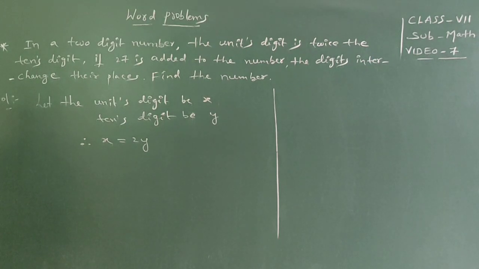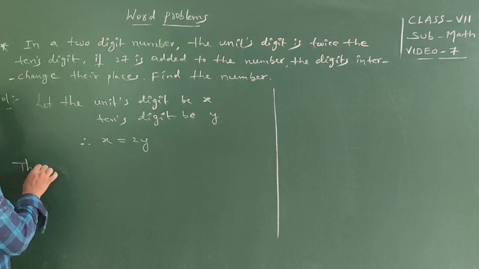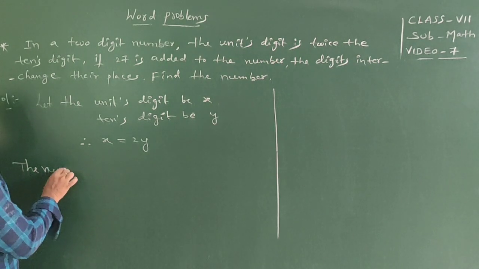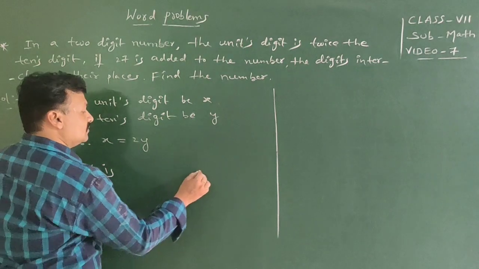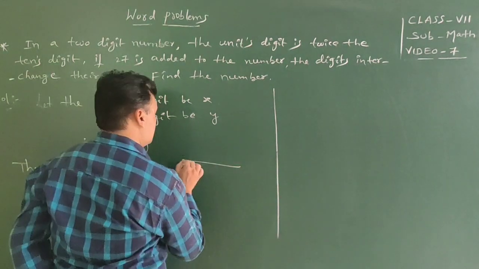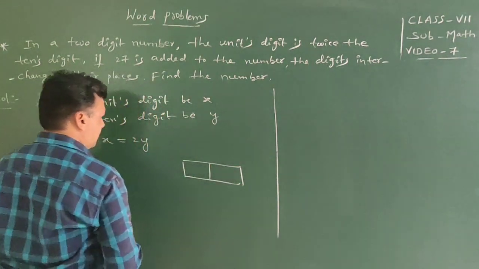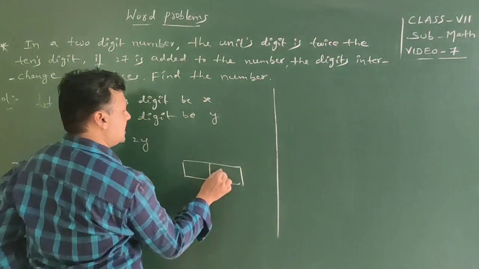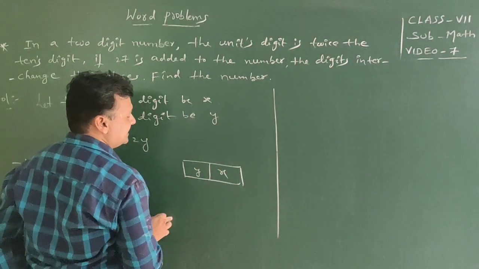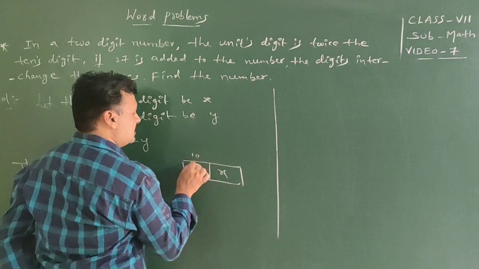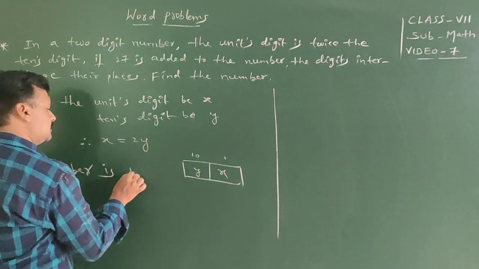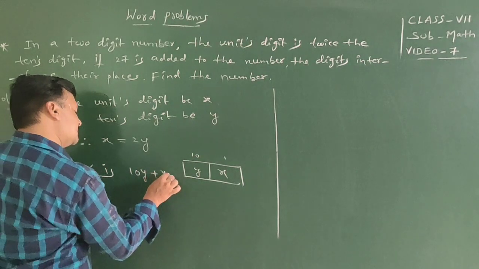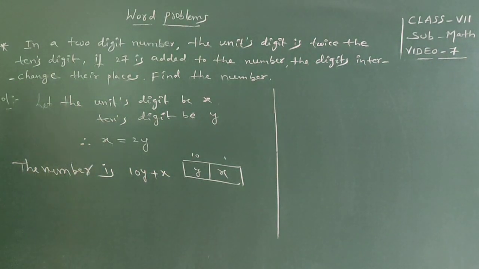The number is a 2-digit number. Units place be x, tens place be y. Here tens place, here units place. So the number is 10y plus x.